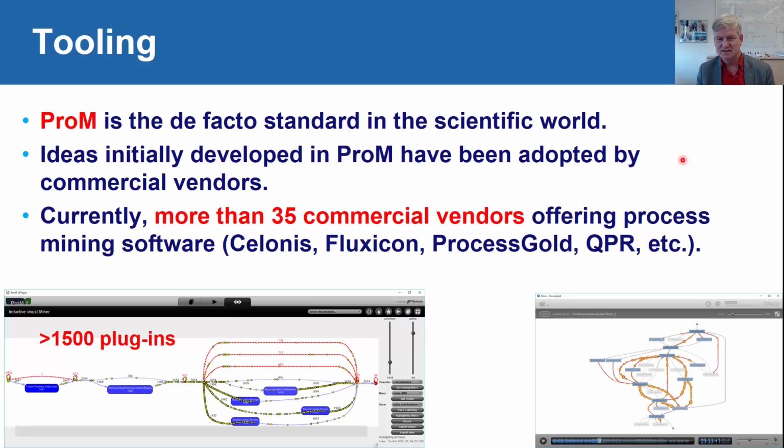So tooling, this is a slide that I also showed in the previous lecture. There are over 35 commercial vendors. And they are all based on ideas that have first been developed in the academic world, notably the work that we did in the context of the ProM process mining tool. In the previous lecture, I showed you, very briefly, ProM.